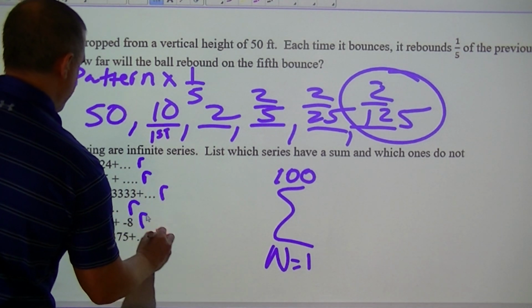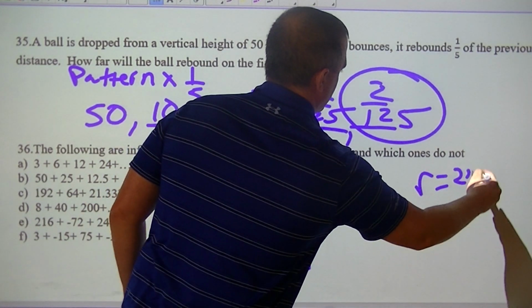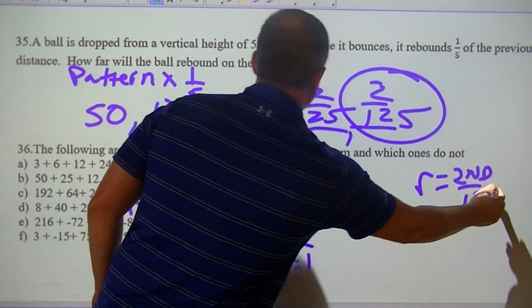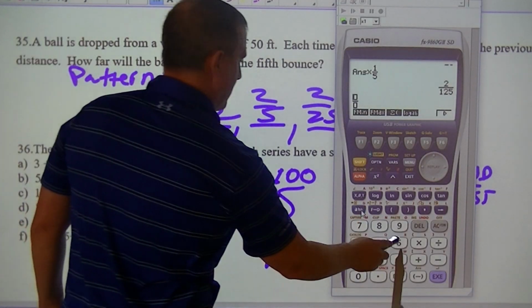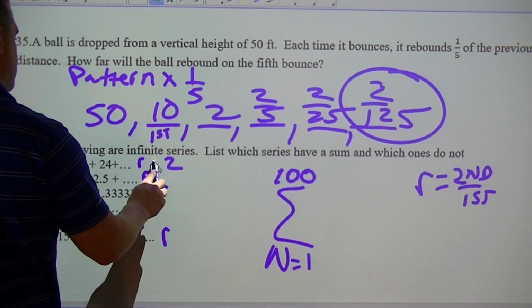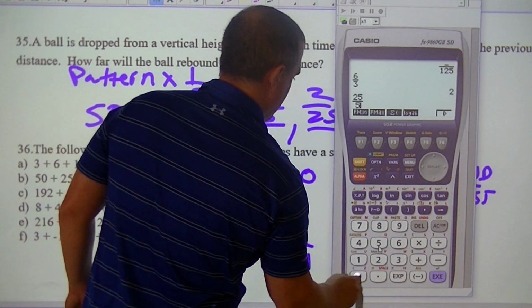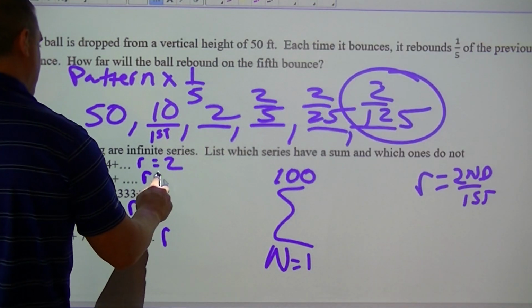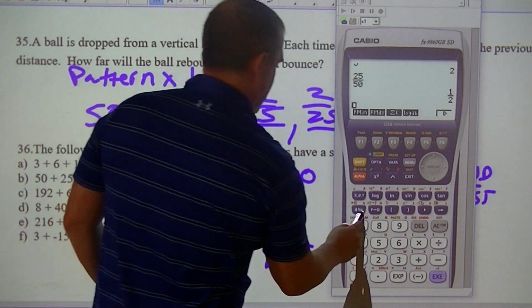Okay? As a reminder, rate is second divided by first. All right? So this first one, I would divide 6 by 3. I'm just going to get all the rates because I think this will be faster. This rate will be 2. Okay? 25 over 50. This rate will be a half. Okay? 64 over 192.